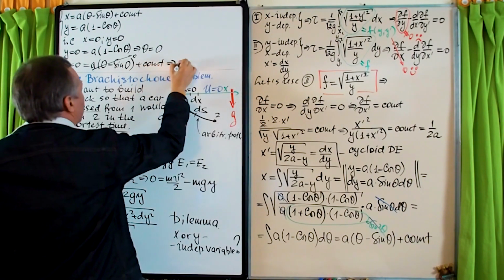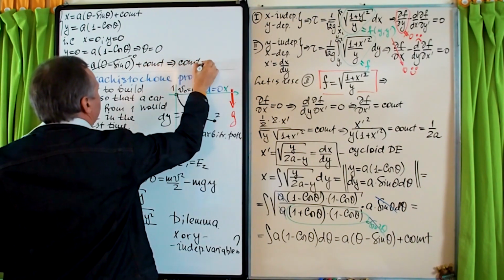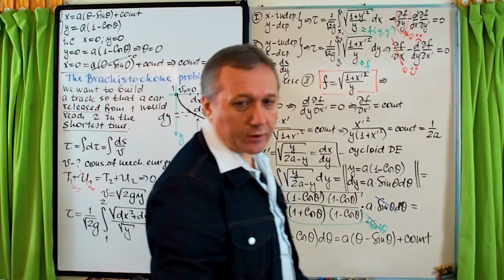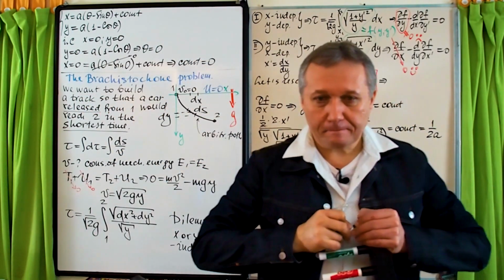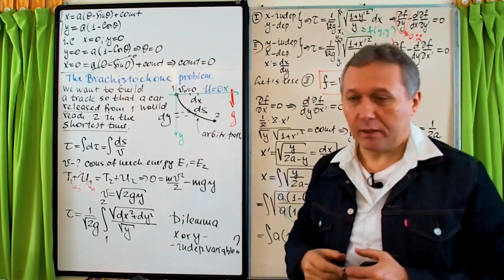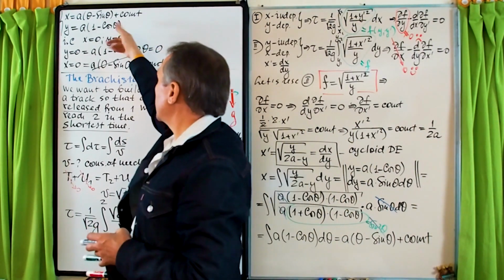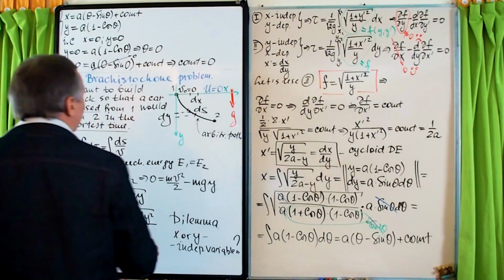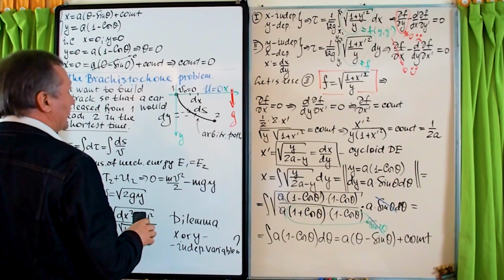So immediately you see that the constant is 0. So we applied the initial conditions, the initial position, and we found that this constant is 0. So now we can write the final form of the equation.